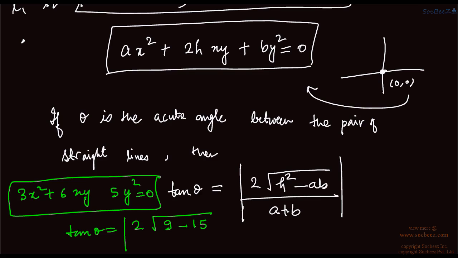Let's make this negative. Then we'll get one pair. This will be 9 plus 15 divided by a plus b, that will be 3 minus 5. Mod of this, that will give you root of 24, or you can say 2 root 4 root 3. Not 4 root 3, I'm sorry. It will be root of 24.